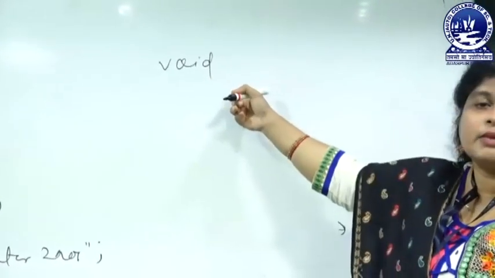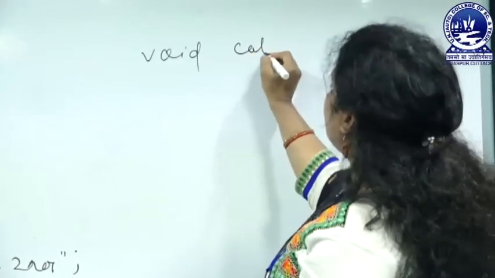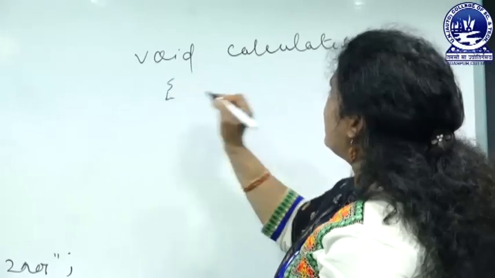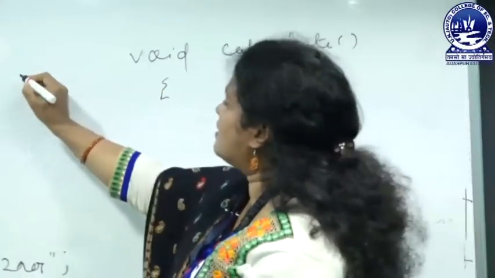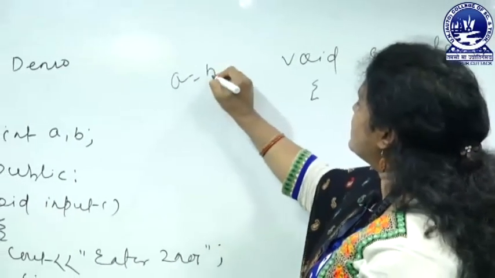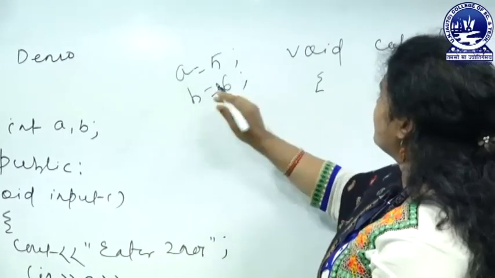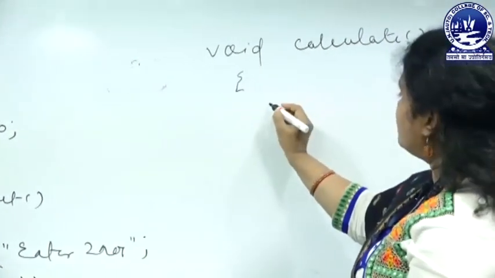You may use any method name here, but here I am using the method name calculate, and inside the method I am writing, suppose we assume that A value equal to the same one is 5 and B value equal to 6. Okay, we will take this one later. Let me first complete the program.